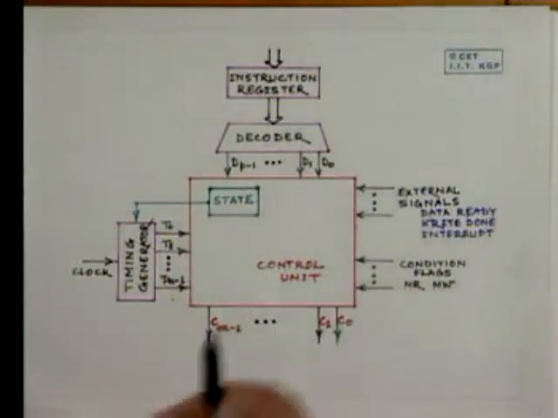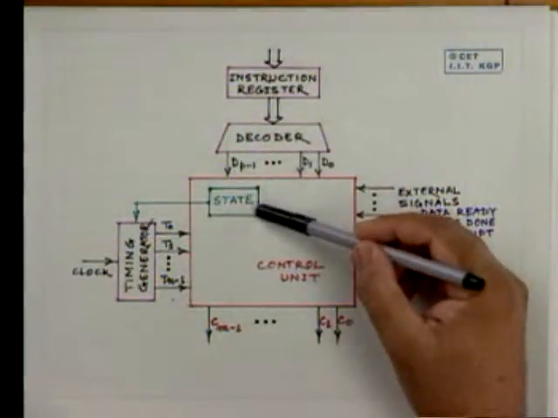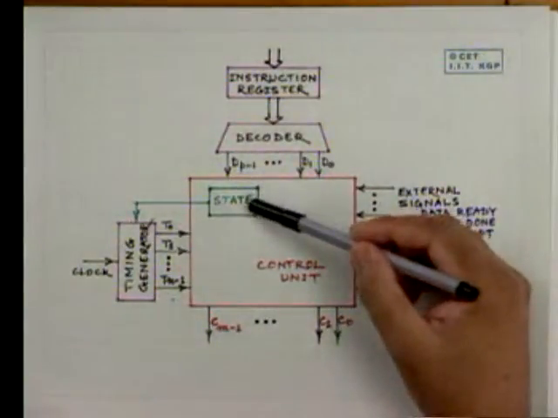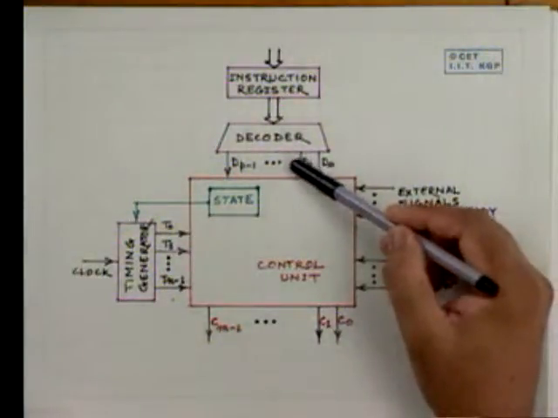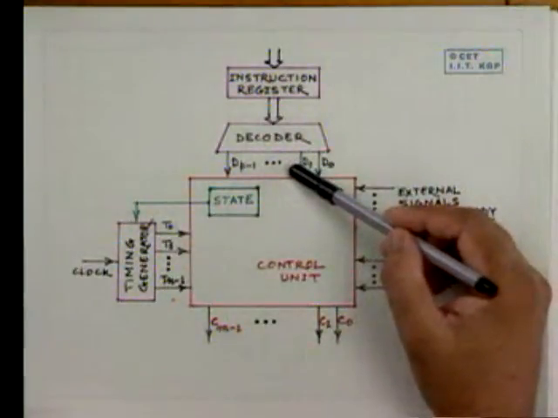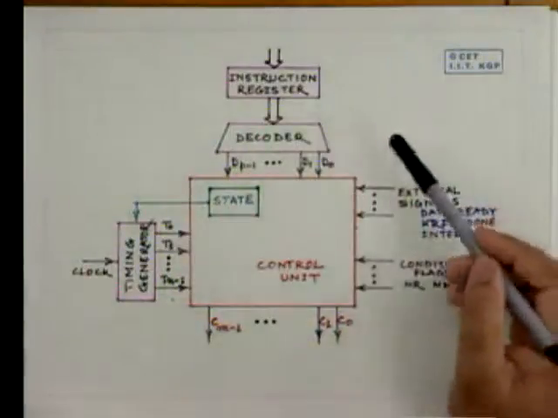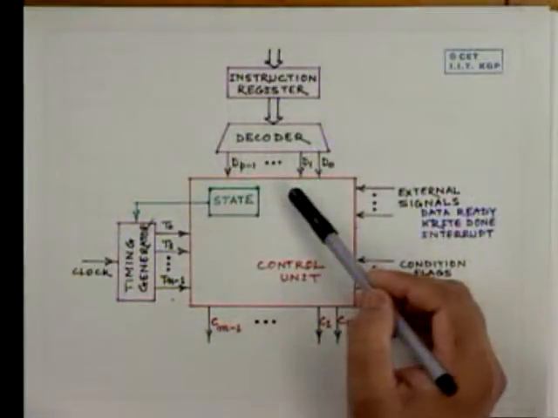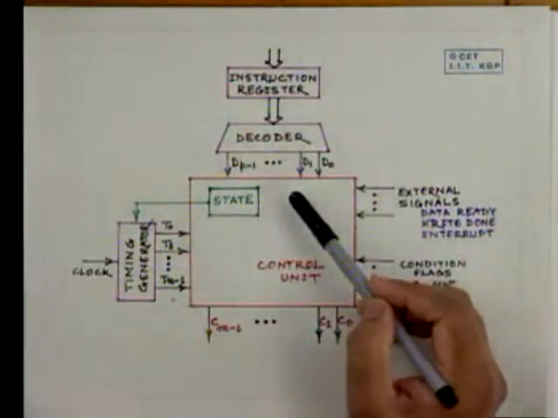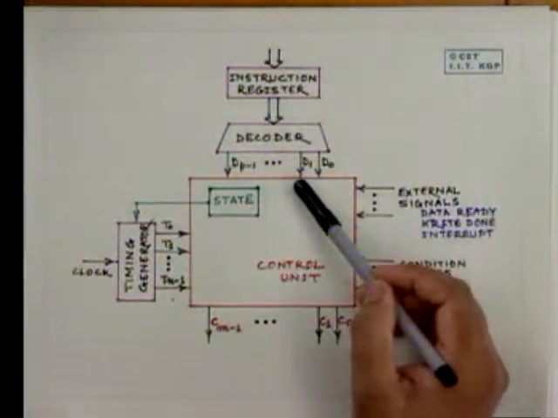Now, once the fetch state is over, if say the instruction contains a source cycle that has to be entered, that means to get the source address or the source operand, a memory cycle has to be initiated, and data has to be read from the memory, then it enters the source state.